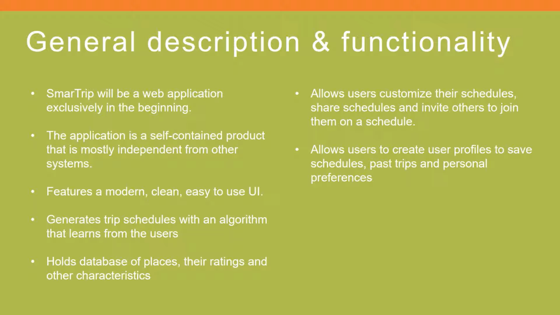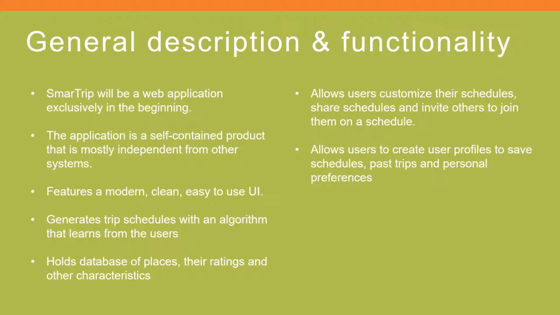It allows users, once they have generated a schedule through the application, to modify this schedule to their liking. You know, move the order of places around, remove places. They can save these schedules once they have edited them and are happy with them.